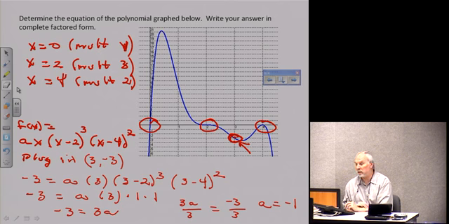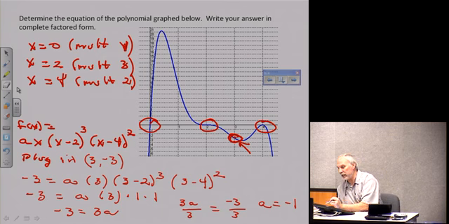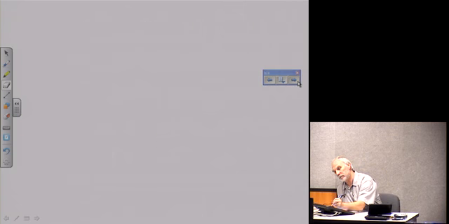So we're now ready to type in the final answer for our expression. And I'm going to go to this next screen because I'm out of room. a is negative 1.